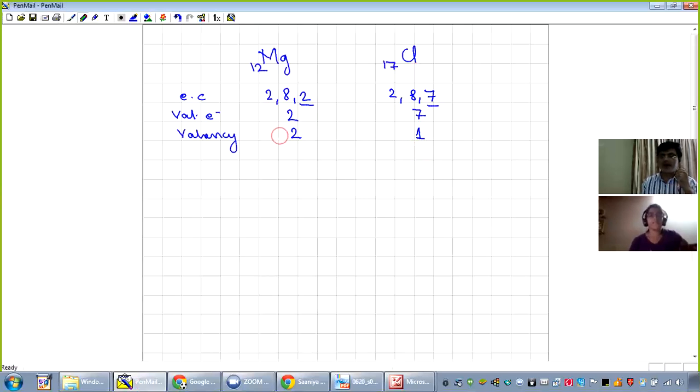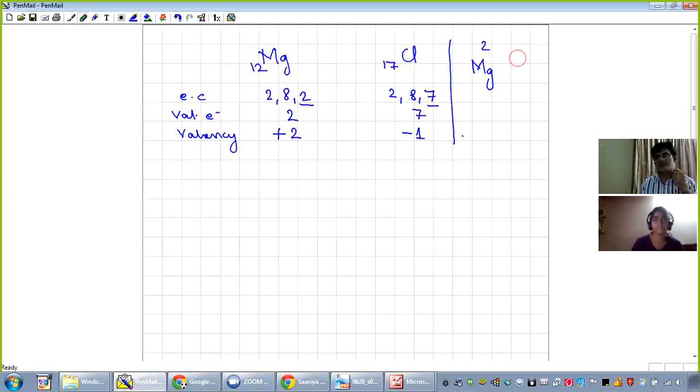So here the valency will be +2 and here the valency will be -1 because it is going to accept one electron. So one magnesium atom is going to give two electrons to two different chlorine atoms. We'll also have to work out the formula.